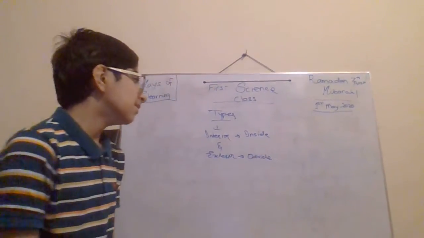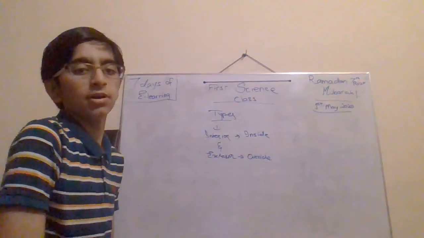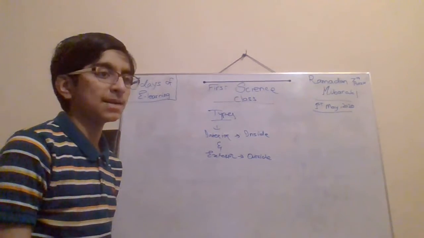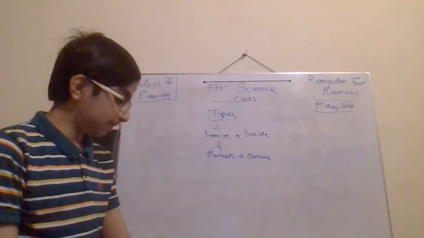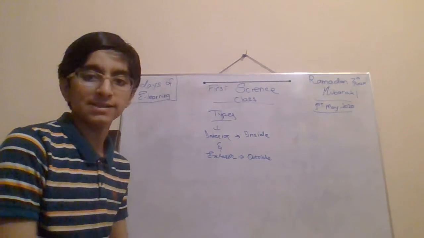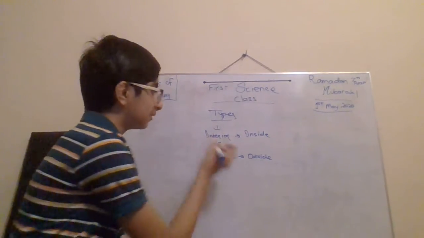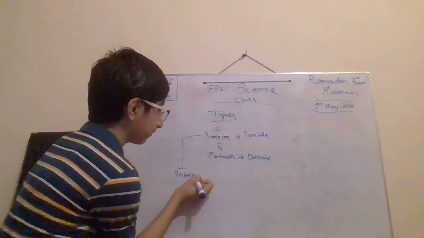So now we have to correlate it with the organs. When we say interior organs, that would be organs which are present inside the body, which means inside our skin.